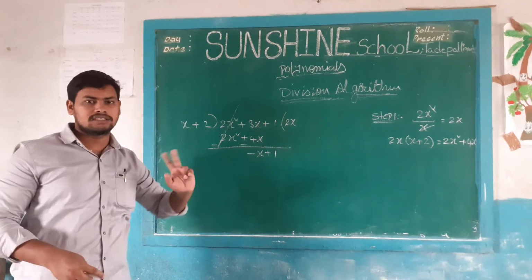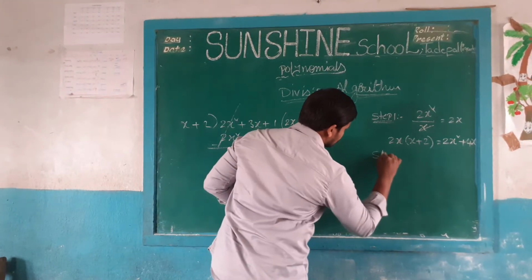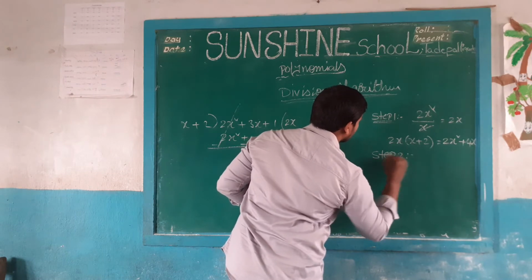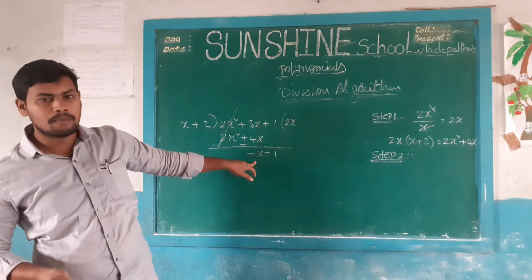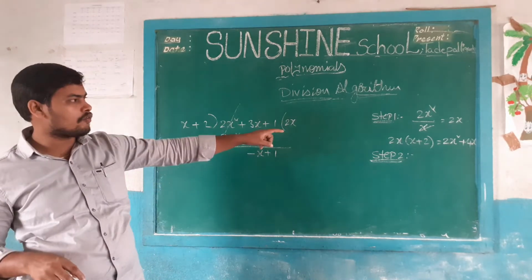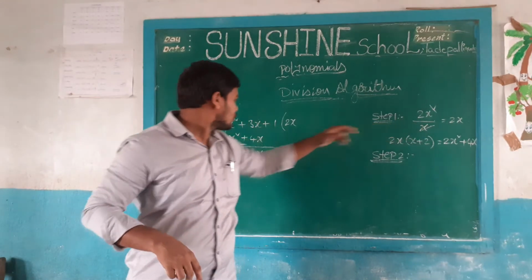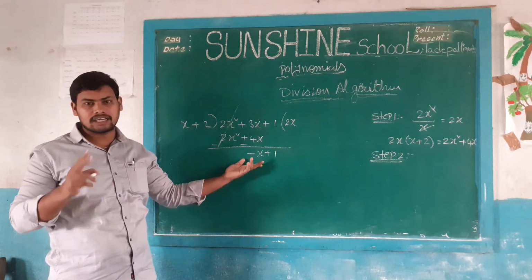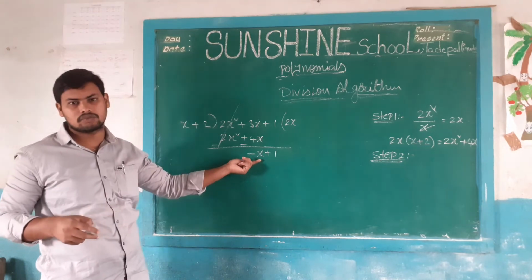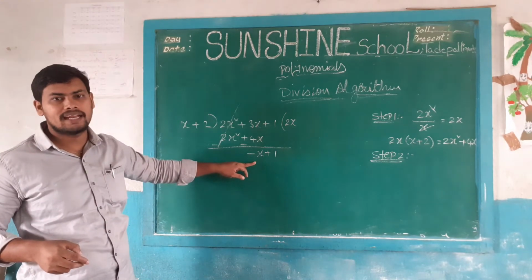Next, go on to the second step. Step 2. In the previous step 1, we considered this 2x square. Now in the second step you should consider this one. What is the value here? Minus x.